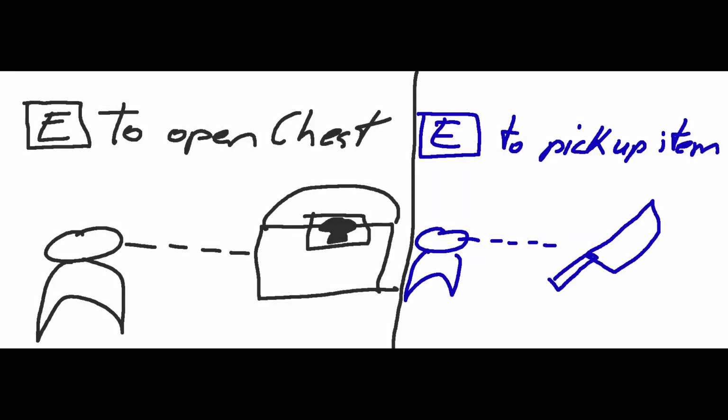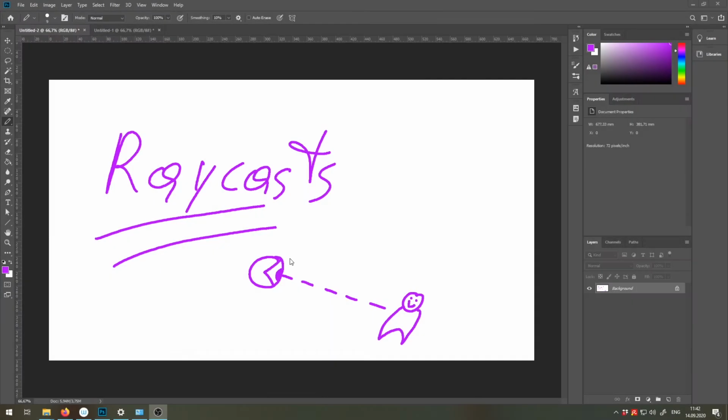Imagine you have a player and you want to know what's in front of the player, so you can determine if you need to punch it or if you pick it up, or, I don't know, if you want to pet it because it's a cat or something like that. And that's what raycasts are used for. So this should be an eye, and it just looks at something, and you can then do whatever you want with what it looks at.